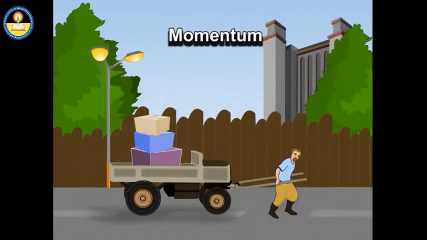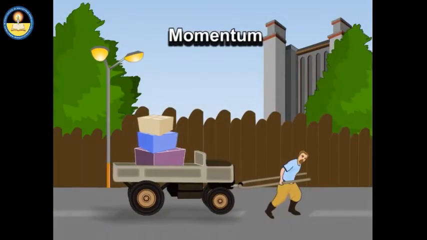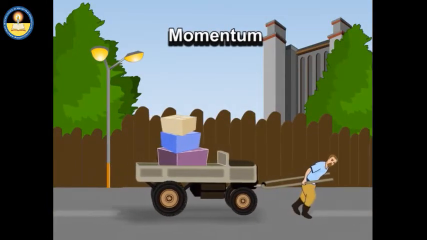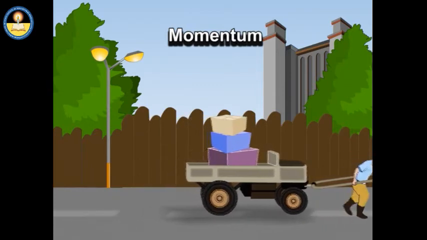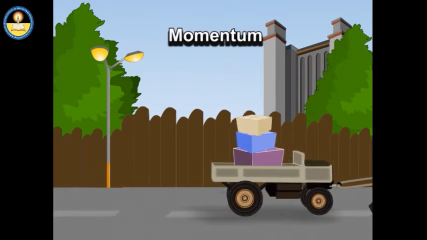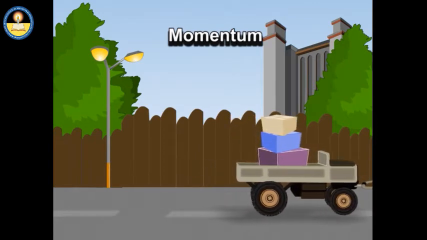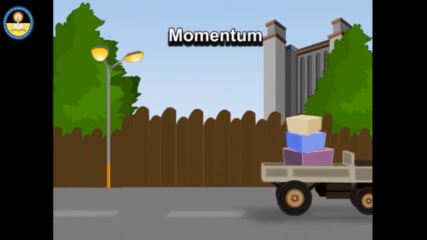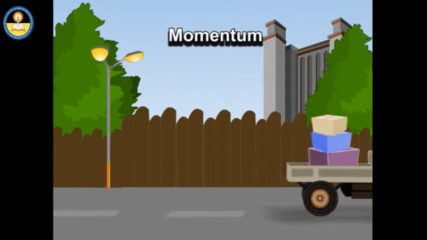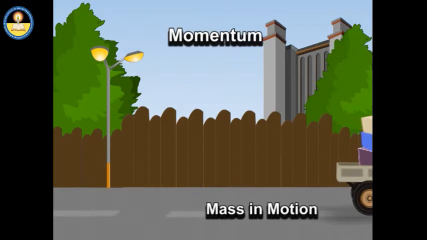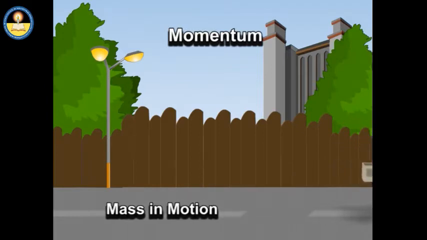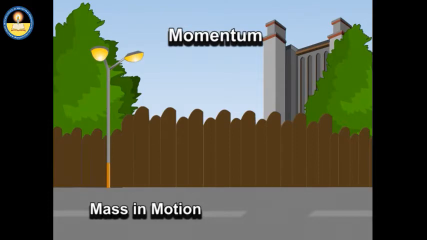In physics, momentum refers to the quantity of motion and inertia that an object has. Since all objects have mass, if an object is moving, then it has momentum. Hence, momentum can be defined as mass in motion.